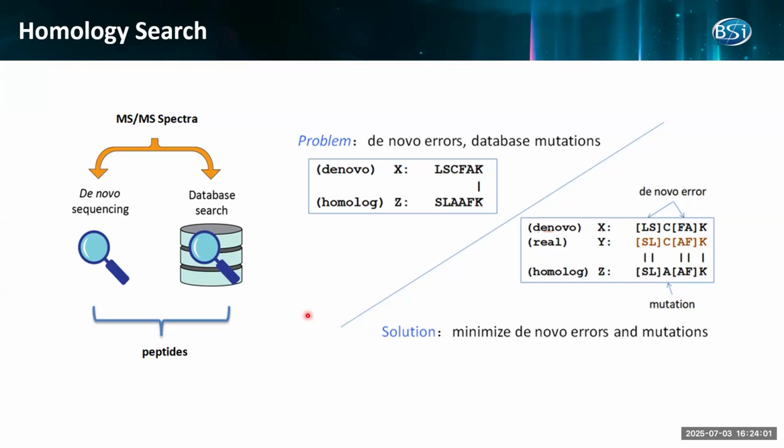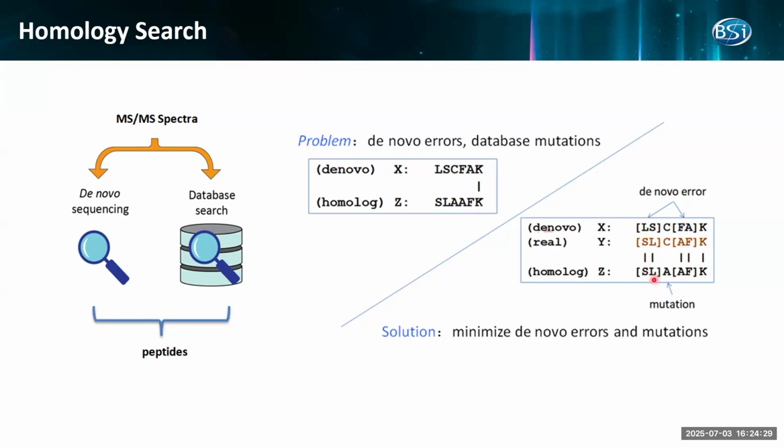Let's give a very simple example. Given some spectra, you may get this sequence. However, in the database it is this sequence. At the beginning, you look at them and they are significantly different, with nothing in common except the last lysine. Actually, when we go into the algorithm details, we see that if you segment it, ARS and SAR have the same mass.